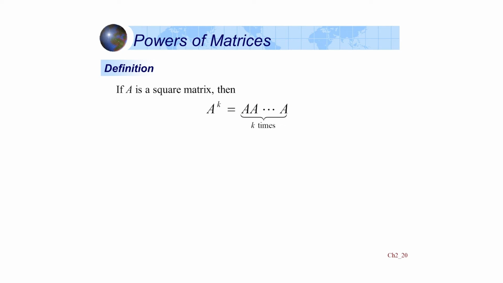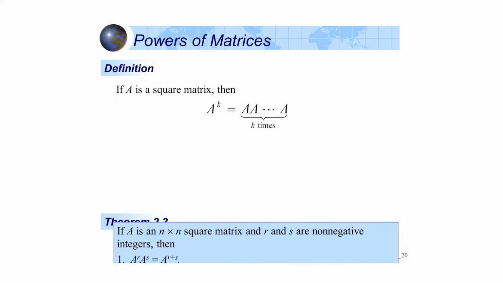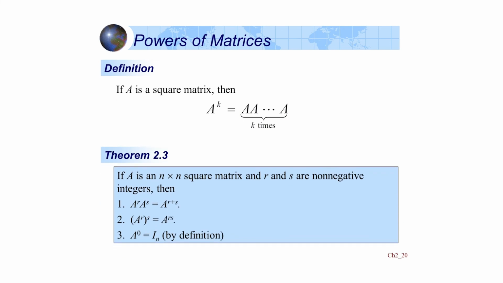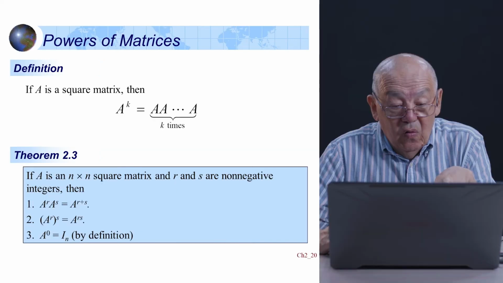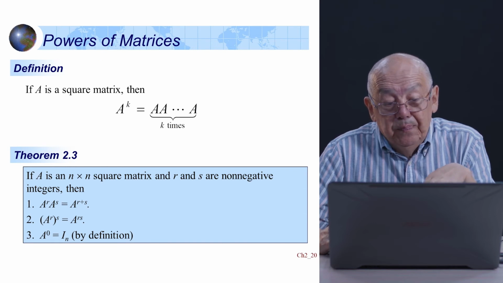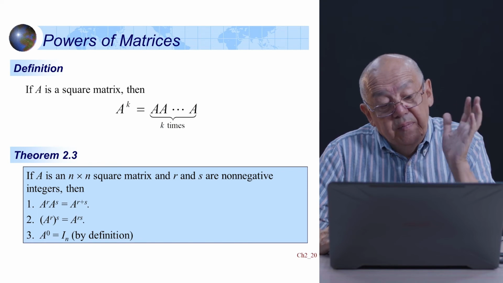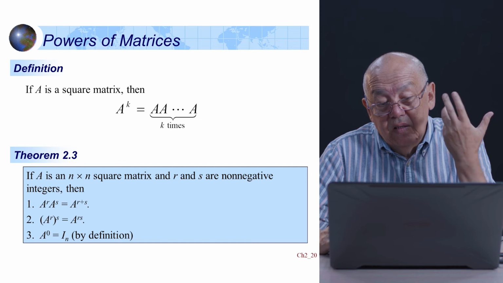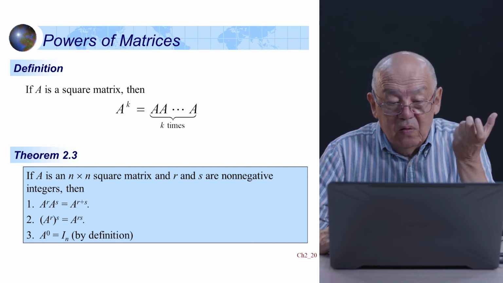A to 0 is, by definition, the identity. Please look at the last point of the theorem. A to the power 0 is the identity I_N, where N is exactly the size of the N by N square matrix. And A to the power 1 is A itself, and then you can define the square, the cube, inductively.